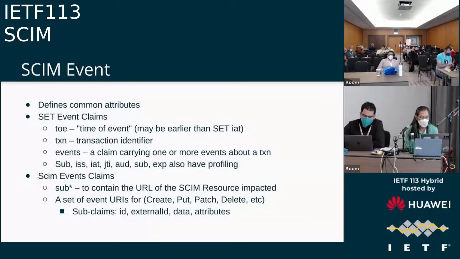Events, of course, is a claim kind of like SCIM URIs. The events claim is a JSON structure carrying event URI attributes against which a JSON object can be attached. In the SCIM event profile, each event URI contains the transaction details of the event.